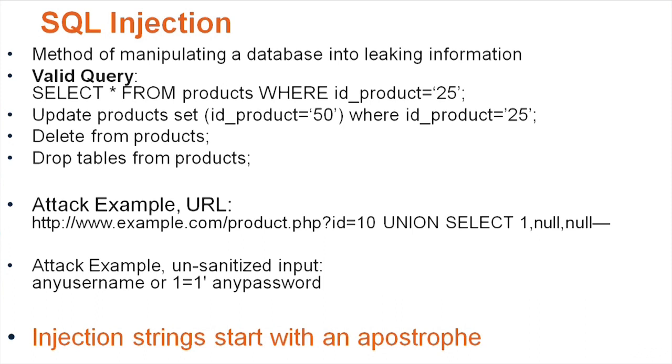Another valid query is UPDATE products SET (ID_product = 50) WHERE ID_product = 25. There's another one called DELETE FROM products. Notice the semicolons at the end of these statements. Another one called DROP TABLE products. These are all valid queries.